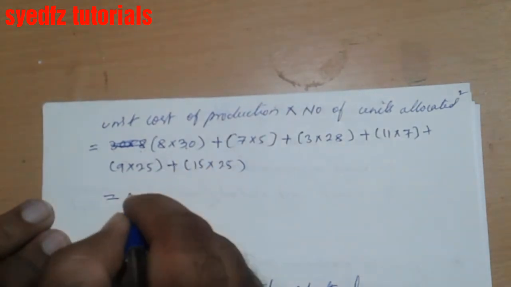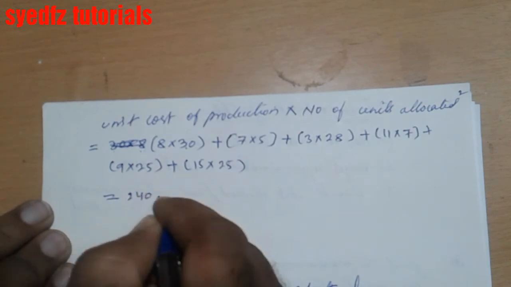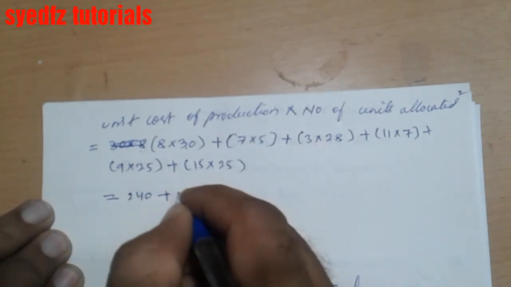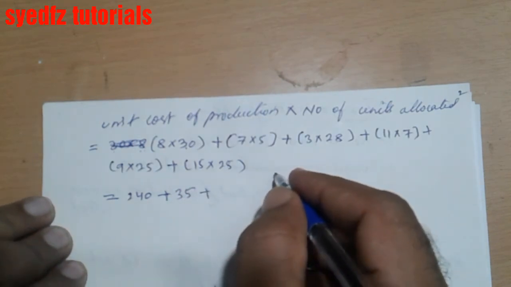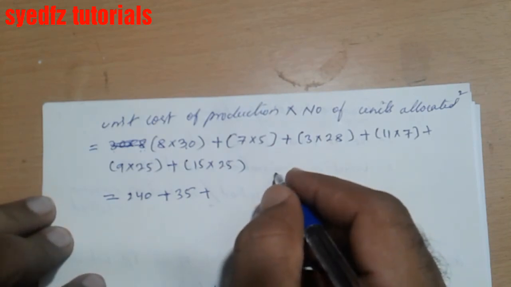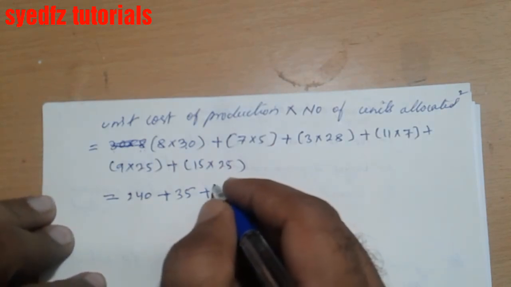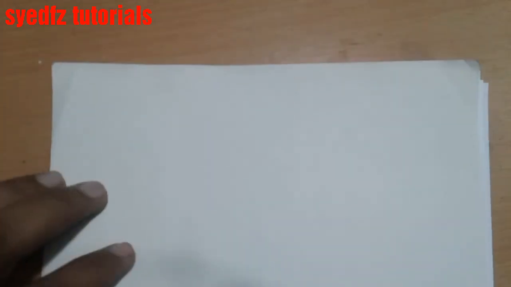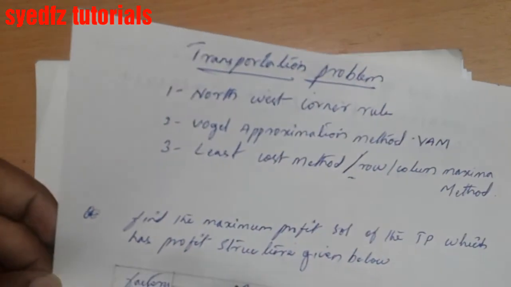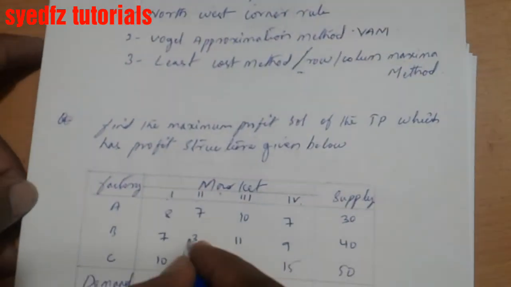8 3s are 24, add 0, so this is 240, plus 7 5s are 35, plus 28 3s. Sorry, it's 13. Let me cross check the question which I have made.